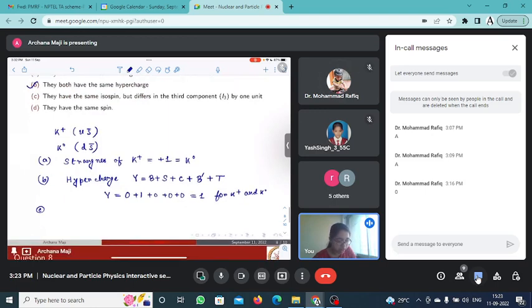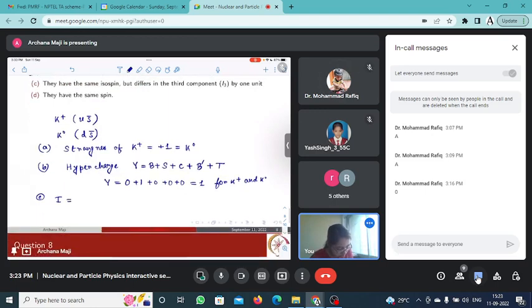Yeah, isospin is half for K, and for K plus, what is the I3 value for K plus and K0? I3 value for K plus is also half.